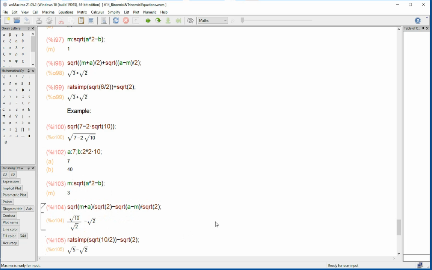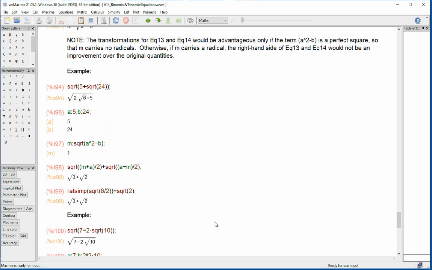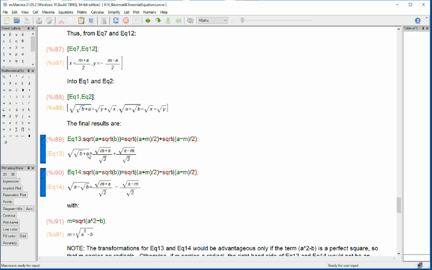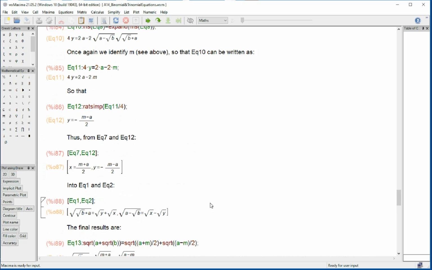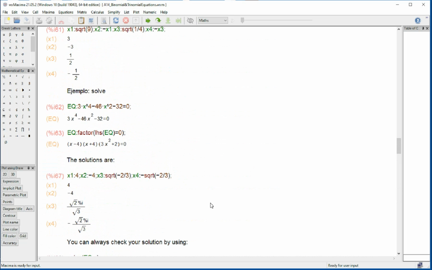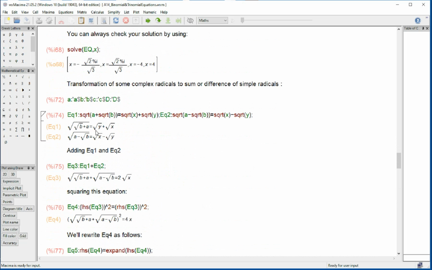A few cases will be able to do that like that, but the procedure is as presented in here, and it's basically these two equations plus the definition of this value of m, for the case in which we want to express equations where there is a double radical in terms of the sum and subtraction of radicals.